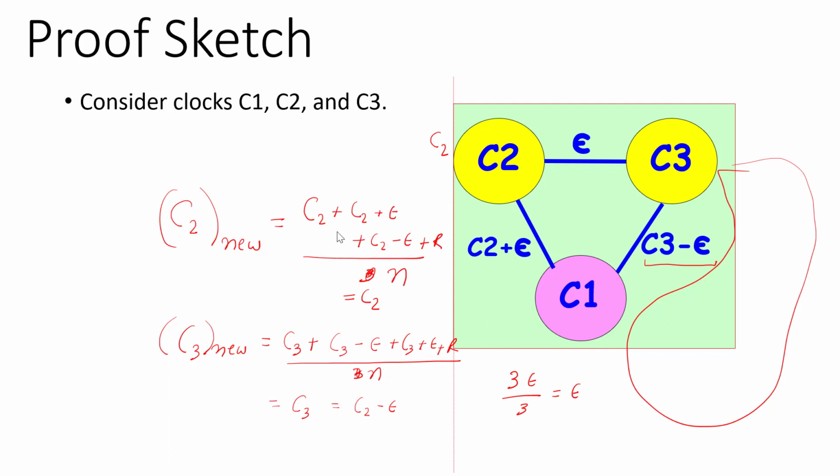So if I take n, let me recompute. In this case, C2 new will basically become 3C2 plus R divided by n. And in this case, this will become 3C3 plus R divided by n, which is nothing but 3C2 minus 3 epsilon.